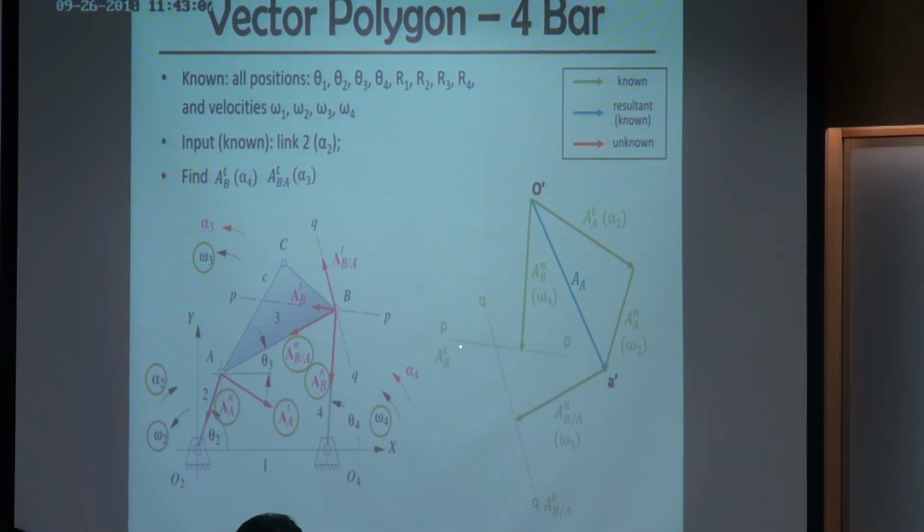And also I can draw this ABT, just continuing from this ABN. Just pass the endpoint of ABN and draw it with the same direction as this one. So we know these two lines are going to pass point B. So the only chance is this point is point B. That means we already found point B in the acceleration polygon.